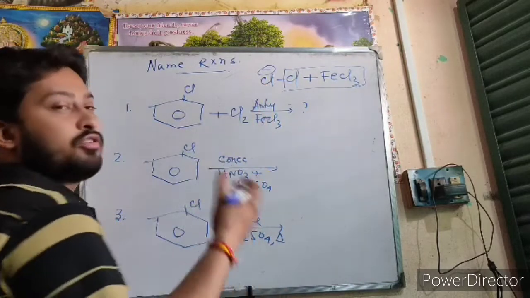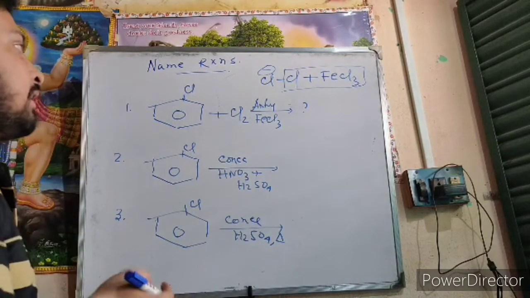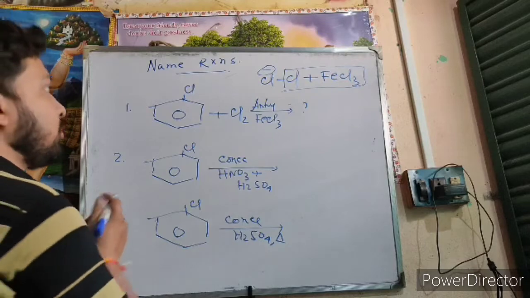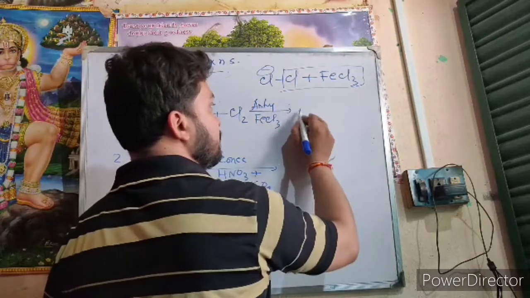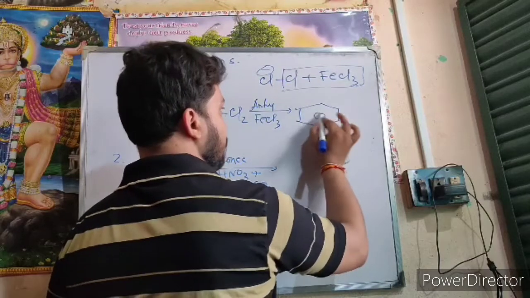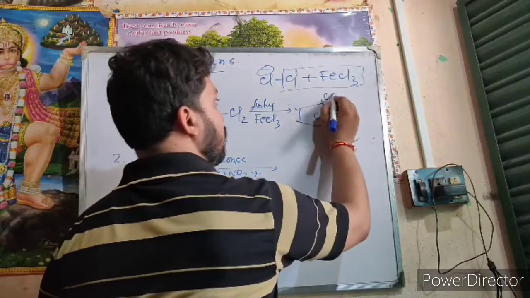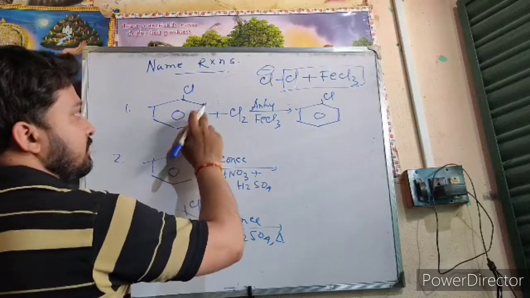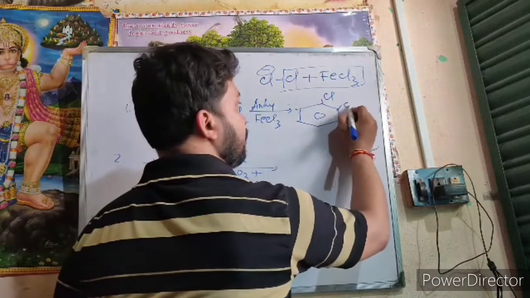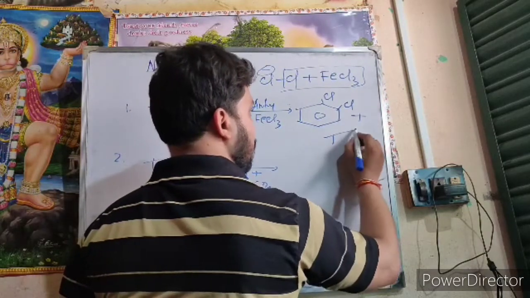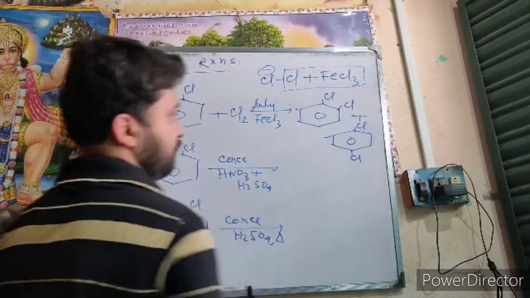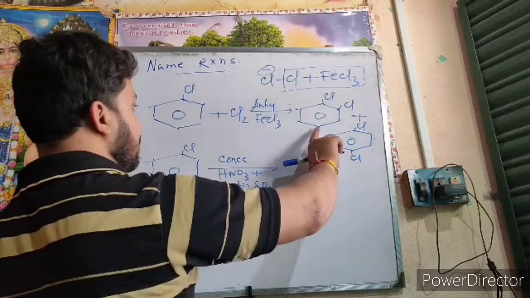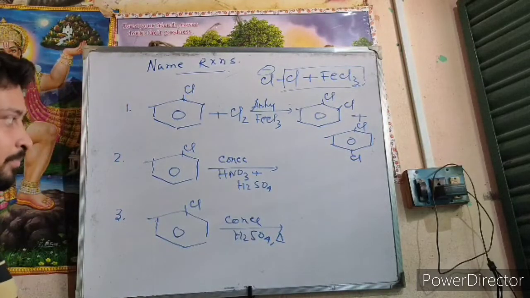So this is the electrophile, and it attacks the ortho position and the para position. So the product is chlorine on the ortho position, and you can also get it on the para position. This is the major product and this is the minor product.